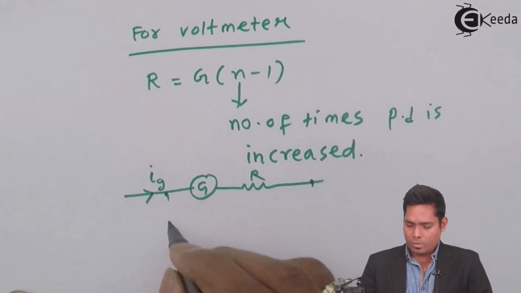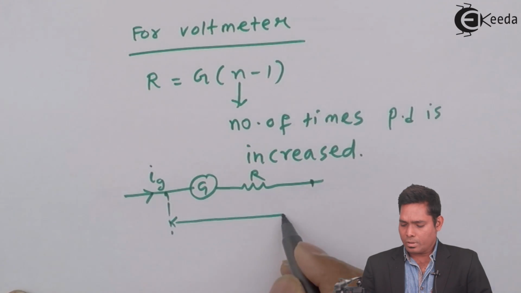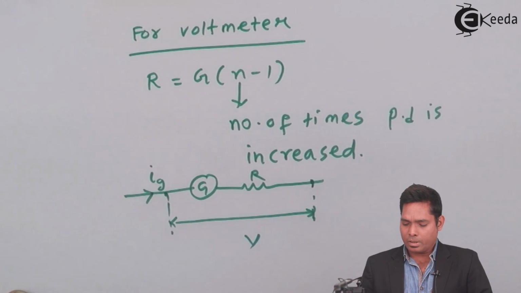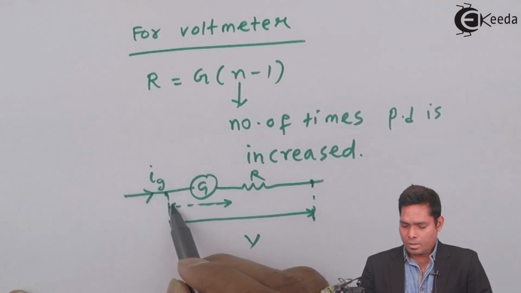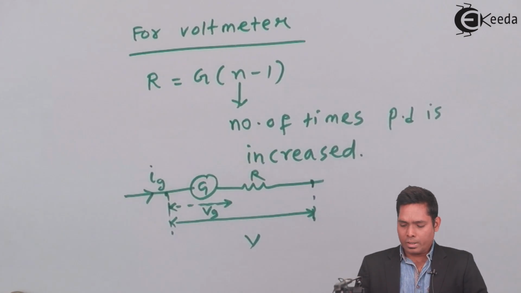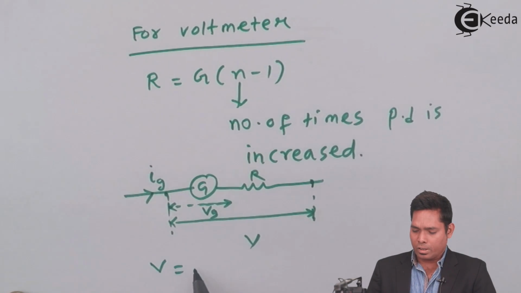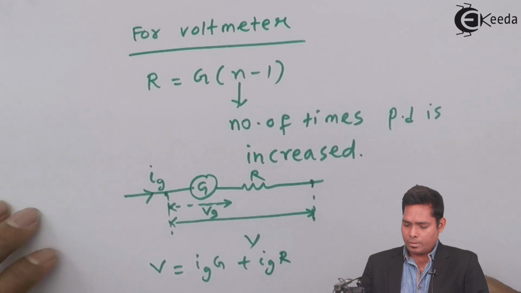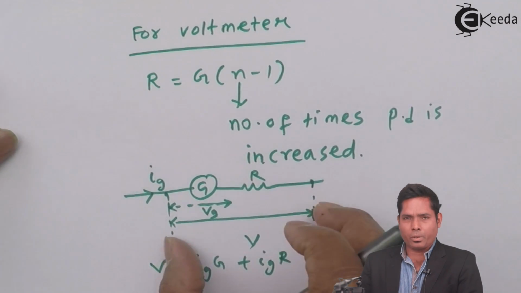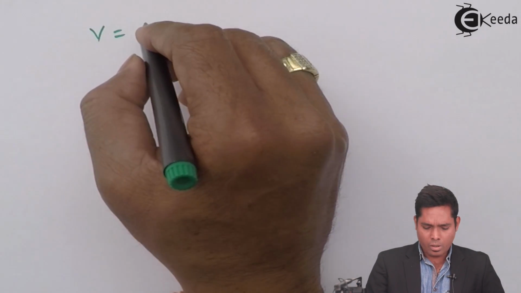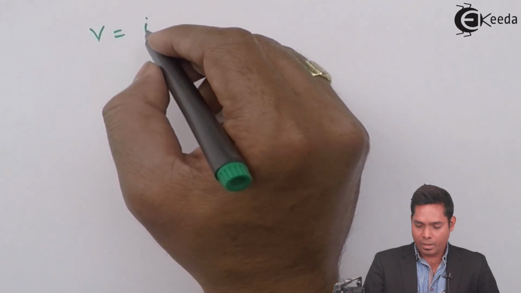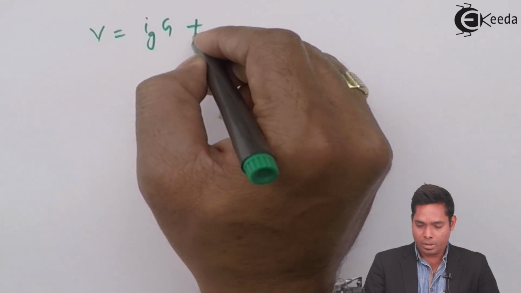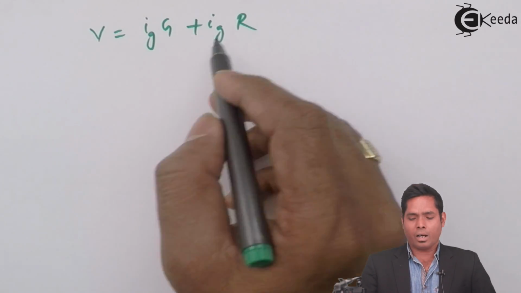Now the final potential difference across this, and this is the potential difference across G. Now you can see that this potential difference is Ig into G plus Ig into R. Because the potential drop will be the sum of the individual potential differences, V equals Ig into G plus Ig into R. If I want R, I could separate this.